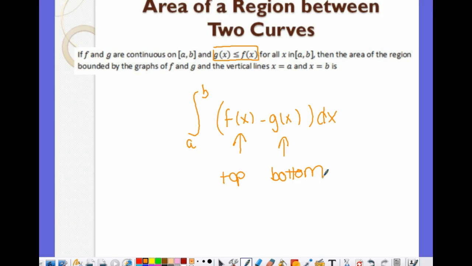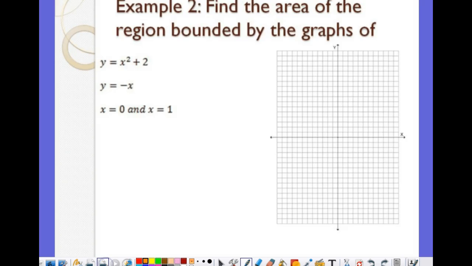So let's look at the example, but this time you have to graph it. They don't give you the graph. You have to figure out where f and g are. It's just a bunch of functions and bounds, so we have to analyze and interpret all of this data. We have the function y equals x squared plus 2.